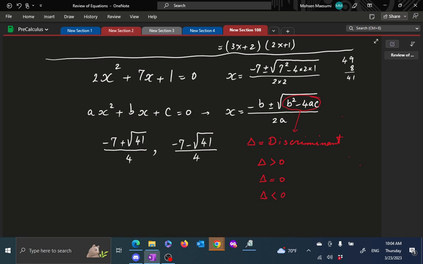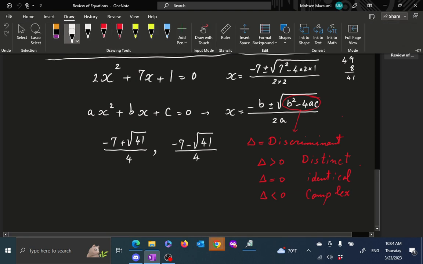So this is two distinct, this would be giving identical roots. In this case, we are going to have the so-called complex or imaginary roots, because you're taking square root of a negative number. So that is an issue to have in mind.